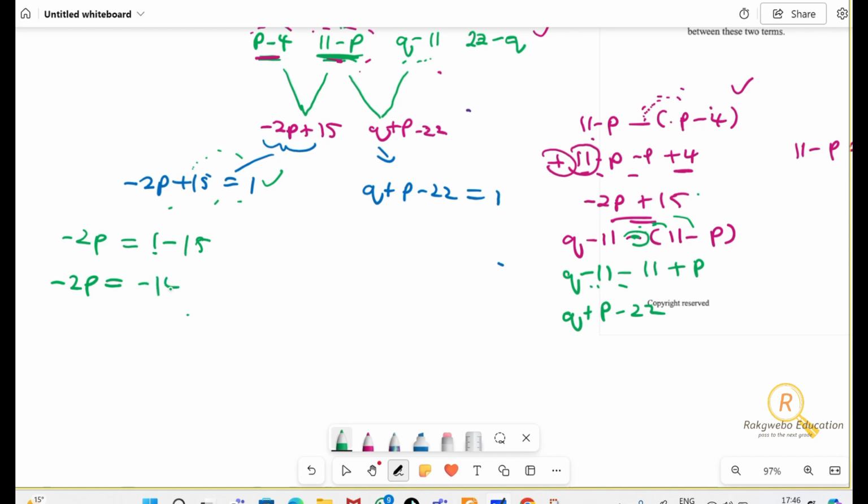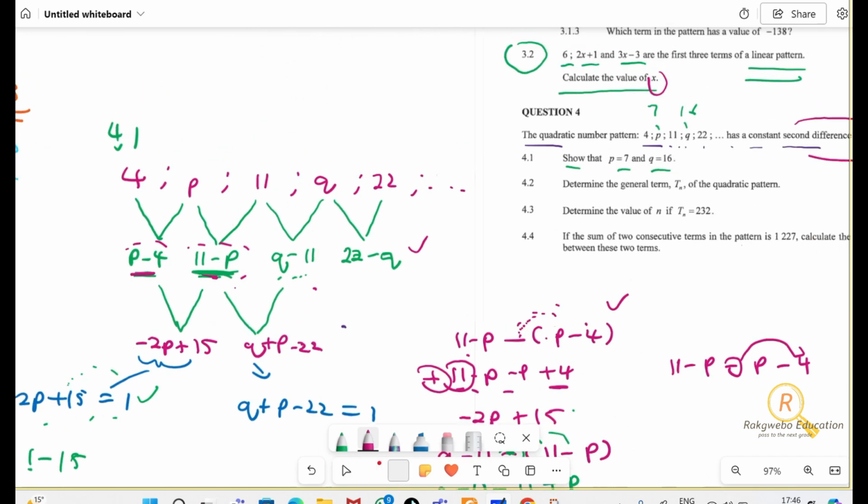So we're looking for P and not minus 2P. So we're going to divide by minus 2 so that it cancels that. What we do on the left we also do on the right, so we divide the right hand side by minus 2. This will give us an answer of 7. As mentioned, the value of P should be positive 7.